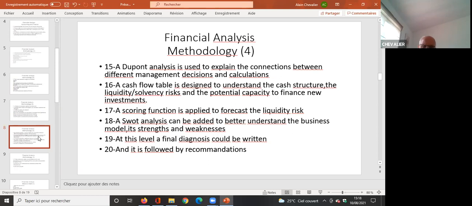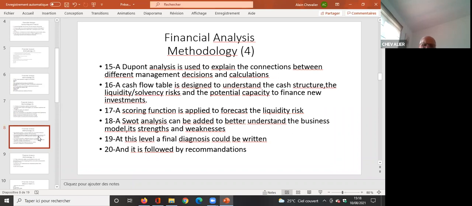You know how to do a SWOT analysis. You have seen that in your past courses. So it is an element of analysis which is very useful just before you write the diagnosis, which is point 19. So what is a diagnosis?